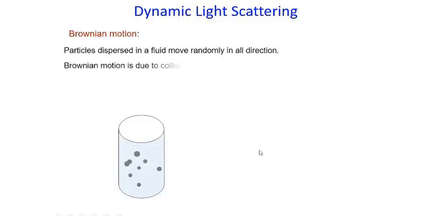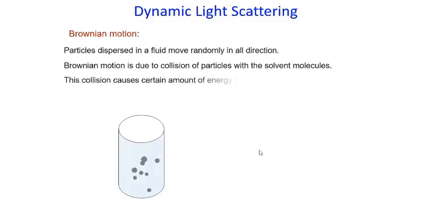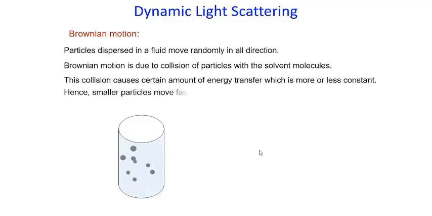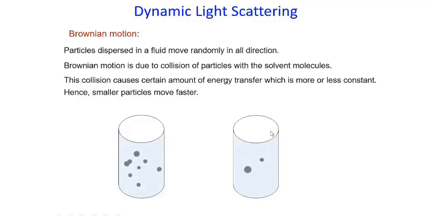And this motion arises due to the collision of particles with the solvent molecules. Now, this collision causes certain amount of energy transfer, which is more or less constant, and therefore the smaller particles will move faster compared to the larger ones, as you can see from this animation over here.